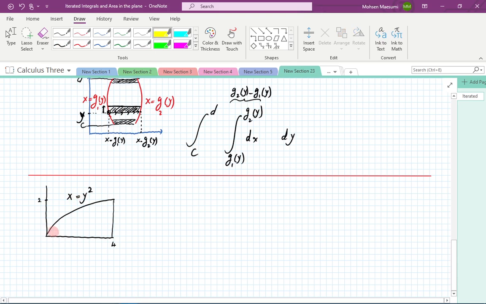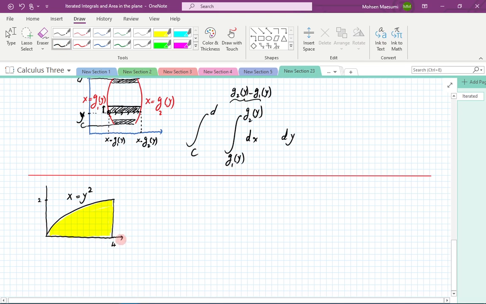So what we are after is to write this area as a double integral, or as an iterated integral, and then also calculate it. Okay, how do we approach this?